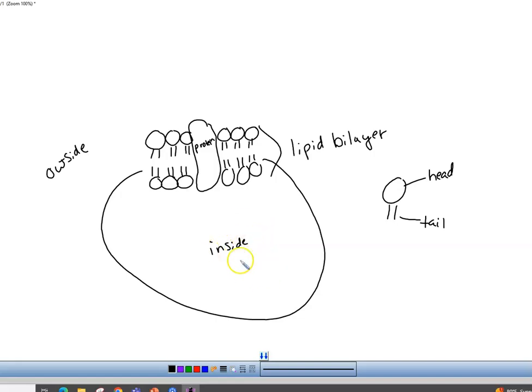This is the ICF, intracellular fluid. This is the ECF, the extracellular fluid, which means outside. So there's fluid on the inside and the outside of the cell, which has quite a bit of water in it.